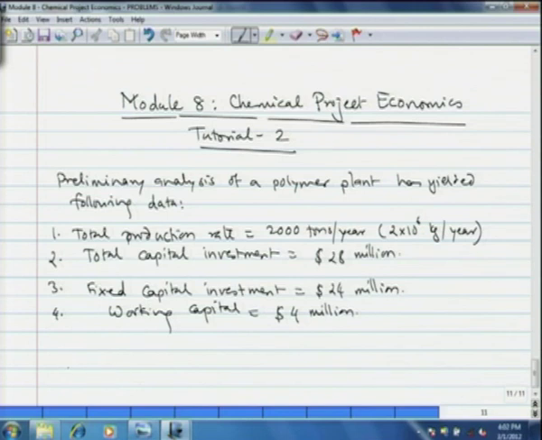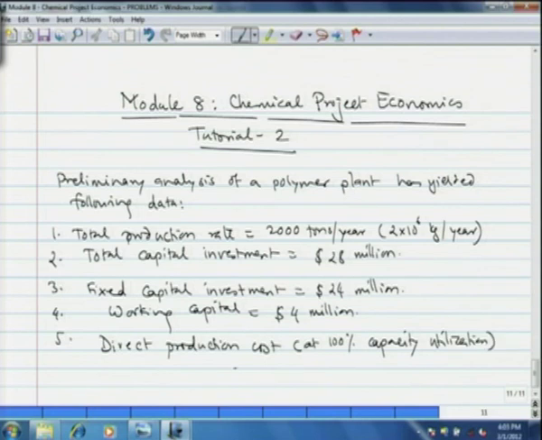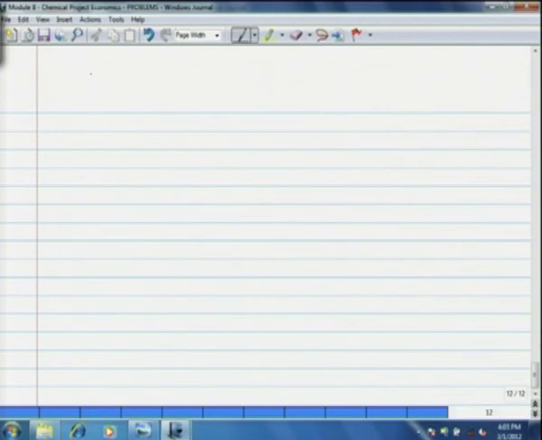Then the direct production cost at 100% capacity utilization is $5 million per year. The sum of the fixed charges and plant overhead, but not including depreciation, is $1 million per year.